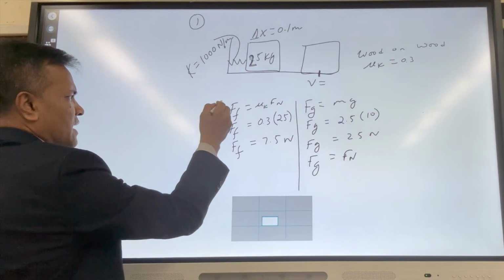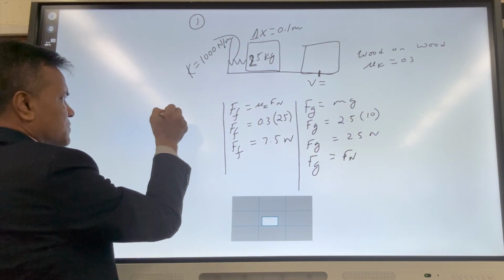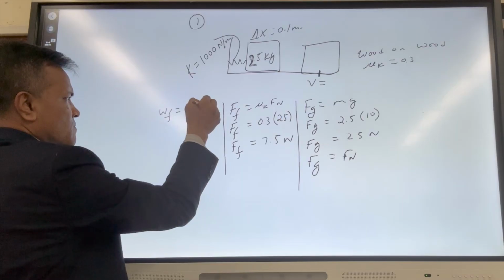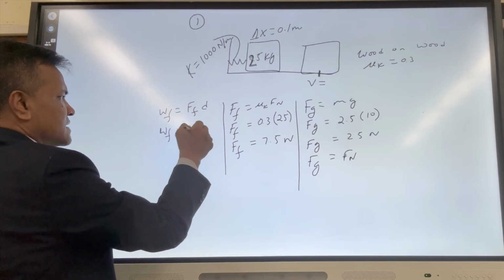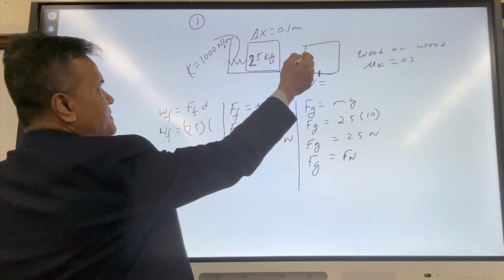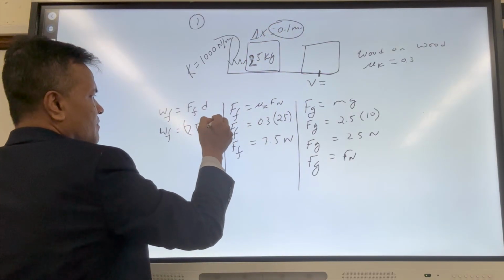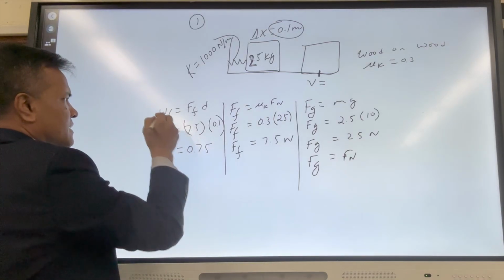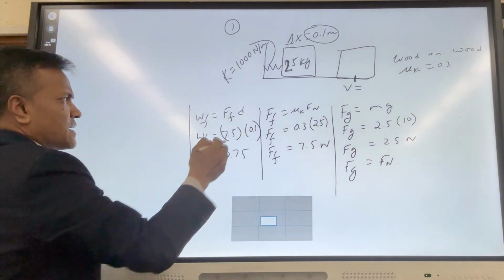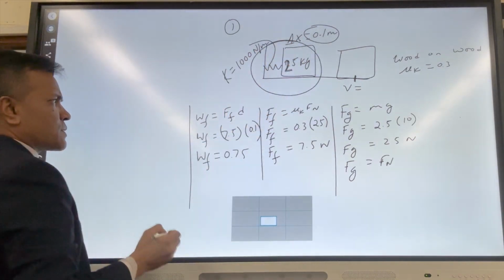Okay, so you want to find work done by friction. Work done by friction is FF times D. FF is 7.5 and D is 0.1, so work done by friction is 0.75. Now, what type of energy do you have when it is 100% compressed?